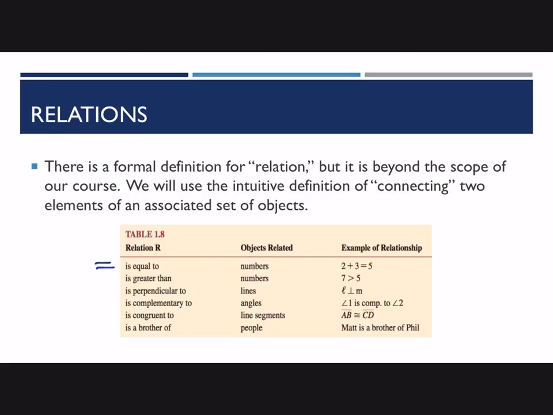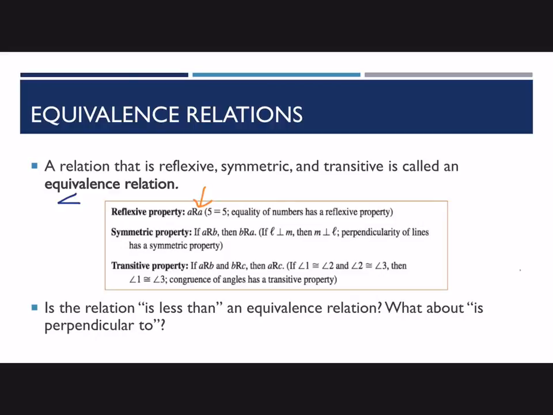Okay, so we're just going to fill it in with whatever one we're talking about. So we want to know, for example, is 5 less than 5? Okay, something less than itself. And no, that is not true. Okay, so the less than relation does not have the reflexive property.